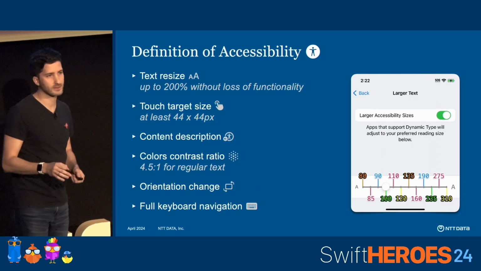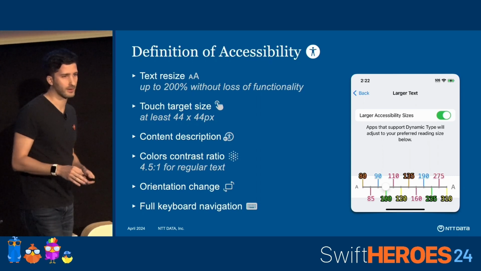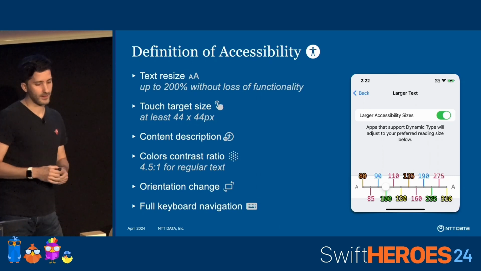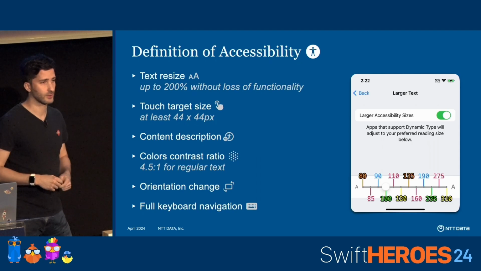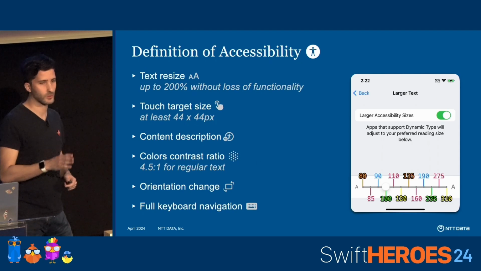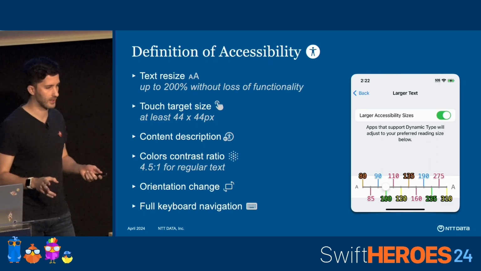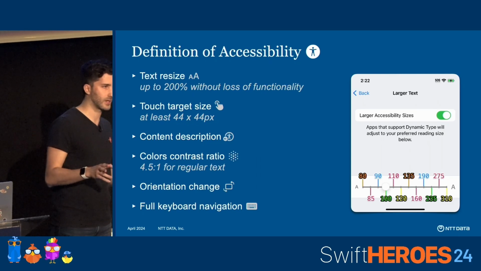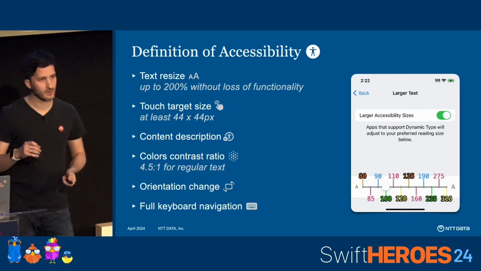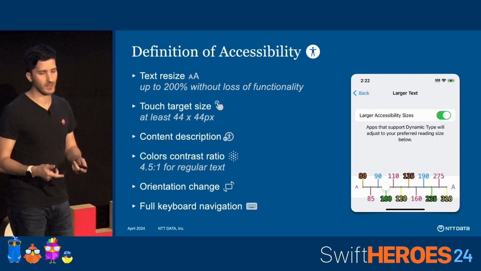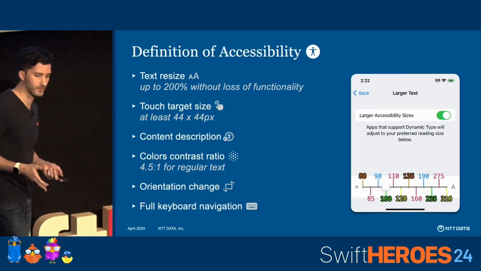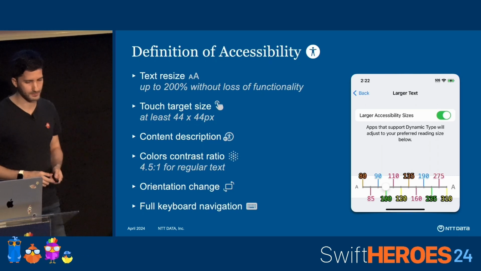It has to be at least 4.5 to 1 for regular text. And our apps should support orientation change, so we should not restrict it to just one single orientation like landscape or portrait, unless it's really essential. And some users might plug external devices to interact with our app, and we should let them do full keyboard navigation.